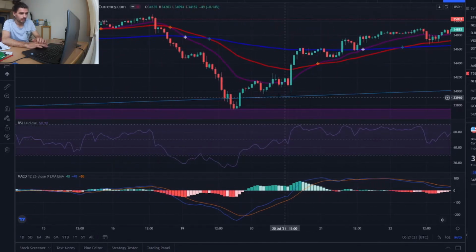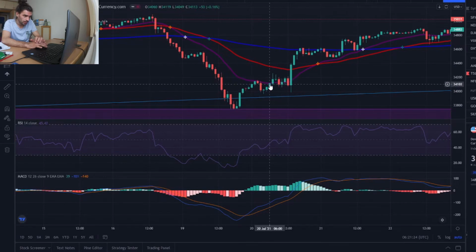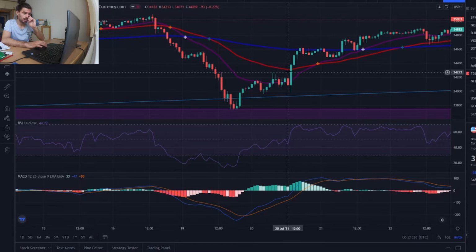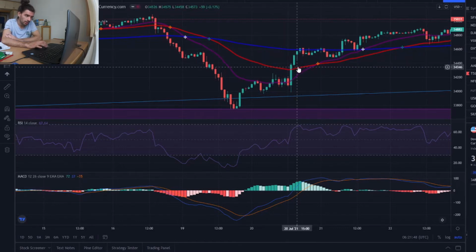Here we crossed above the 20 EMA on the 1-hour chart, which is not yet a typical sign that we will go higher, because we might get rejected at the next resistance levels and then pull back. But here we had a very bullish candlestick, and now we are trading between the 50 EMA and the 200 EMA, but slightly lower.